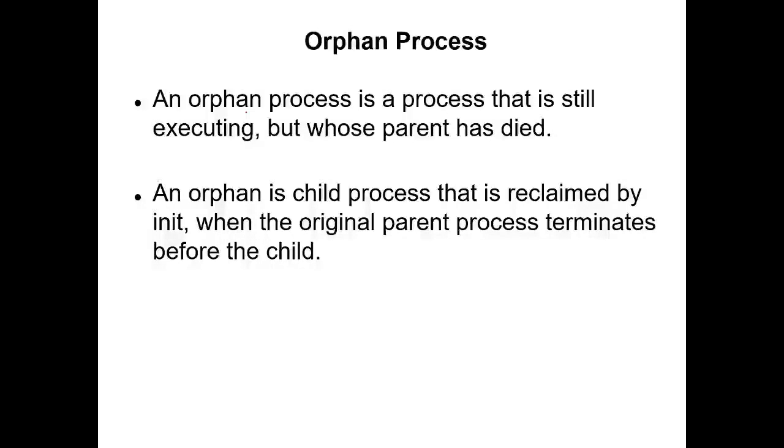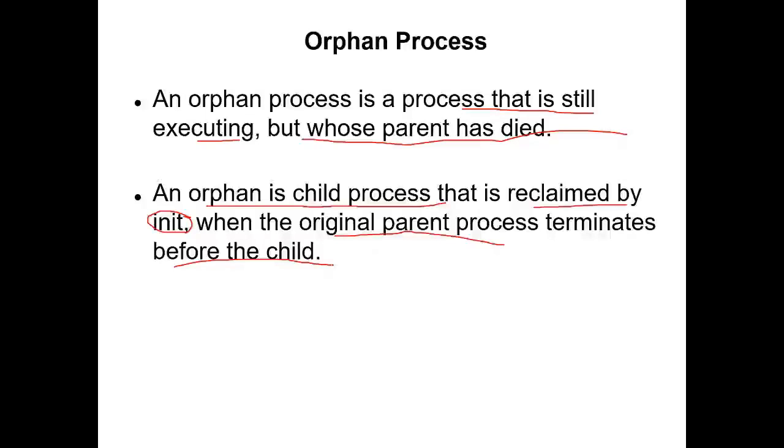Orphan process. An orphan process is a process that is still executing but whose parent has died. Another definition: an orphan is a child process that is reclaimed by init when the original parent process terminates before the child process. The operating system does not allow a child process to remain in the system if its parent is not present.